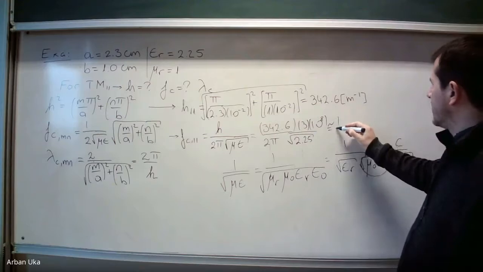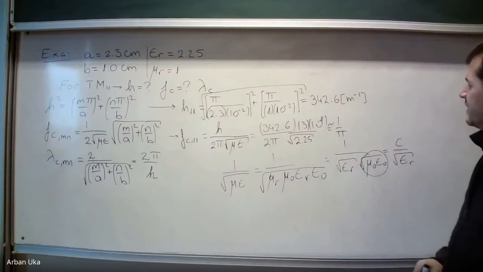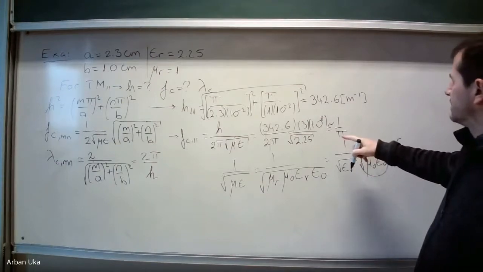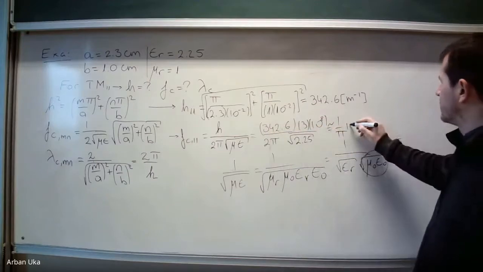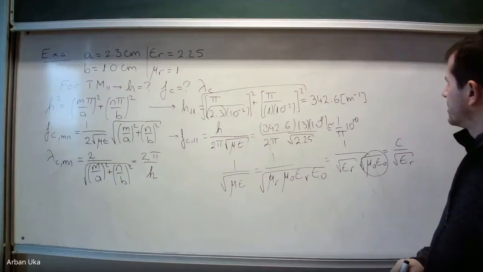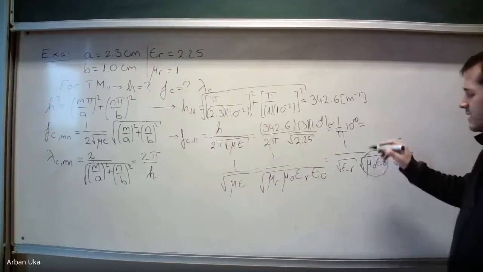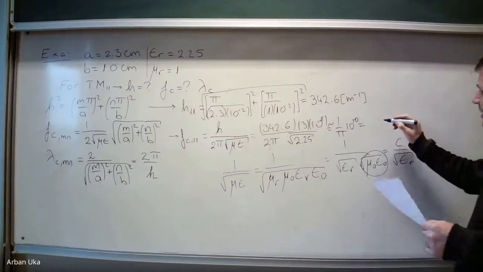So a student in the class could rightfully say that the cutoff frequency is 1 over pi times 10 to the power 2 times 10 to the power 8, so we're talking about 10 to the power 10 hertz, on the order of 10 gigahertz. But the exact number, if you substitute the numbers using a calculator, is 10.9 gigahertz.